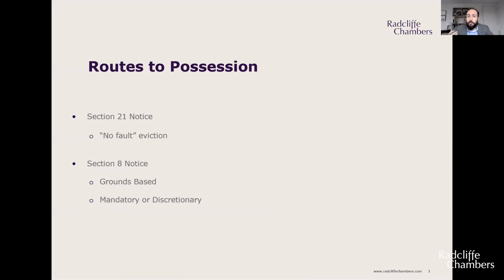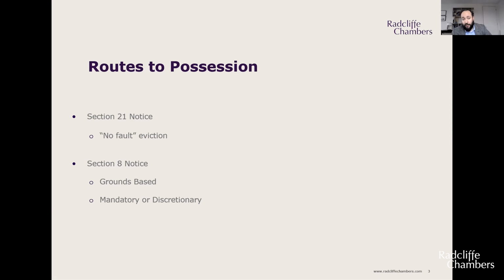In terms of routes to possession and repossessing leasehold properties that are rented out, there's generally two routes that are taken under the Housing Act 1988. A Section 21 notice is generally considered the no-fault route to eviction.